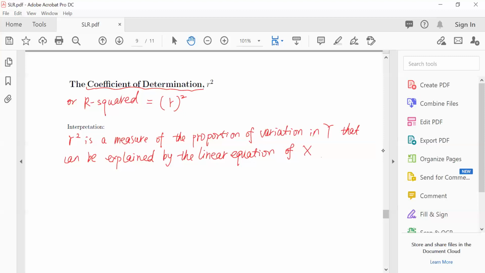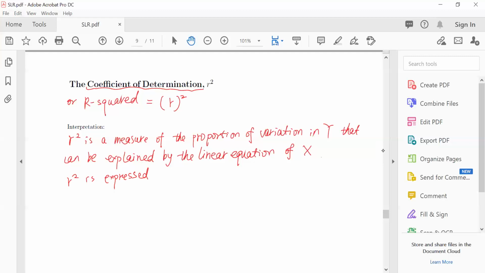That is, the changes in the blood alcohol count that could be explained by its linear relationship with the number of bottles of beer drunk. This r squared is usually expressed as a percentage.